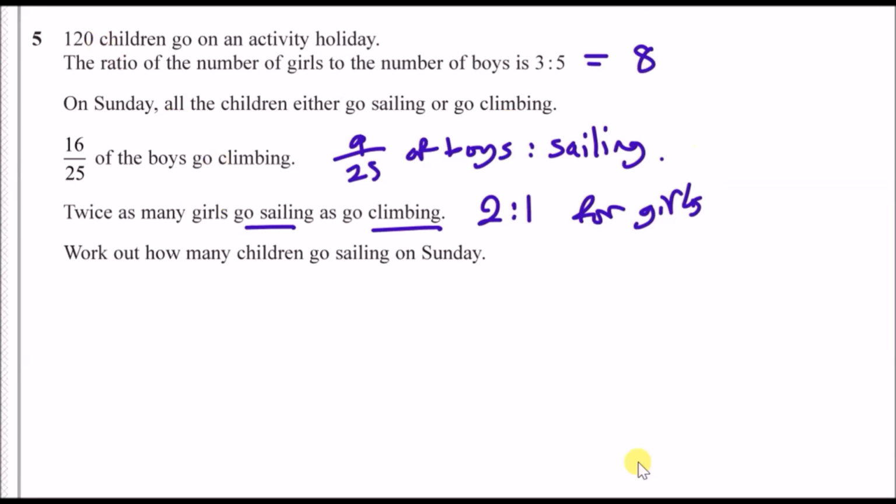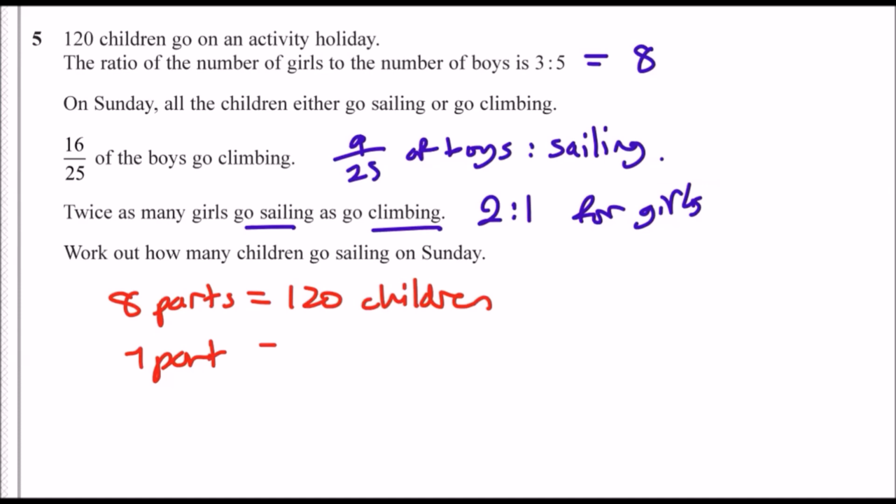If we go back to the beginning, it says that there were 120 children that go on the activity holiday. We know out of this 120, there's a total of 8 parts that represent boys and girls. So 8 parts must represent 120 children. For a single part, 1/8 of it, if we divide 120 by 8, we get 15 children.